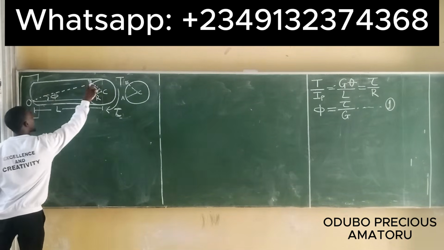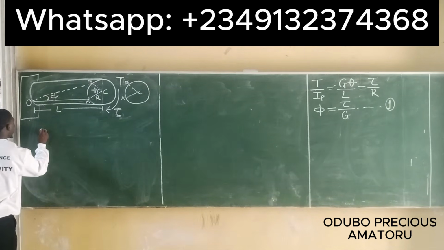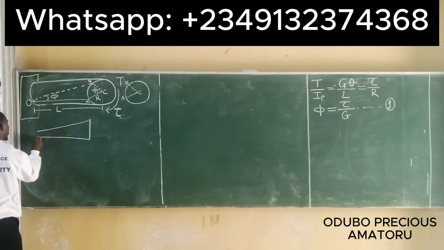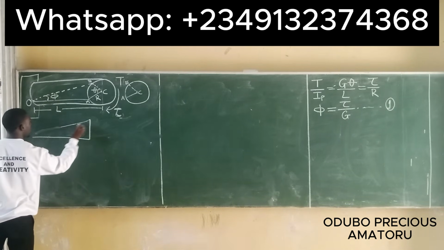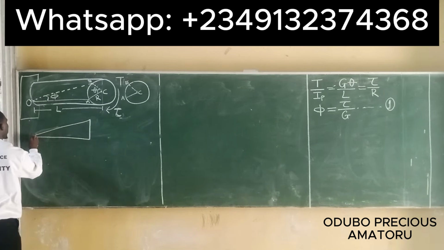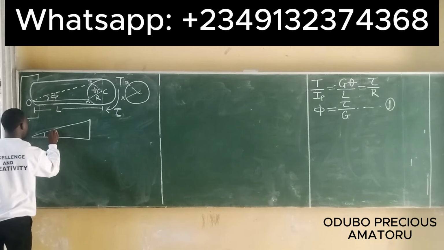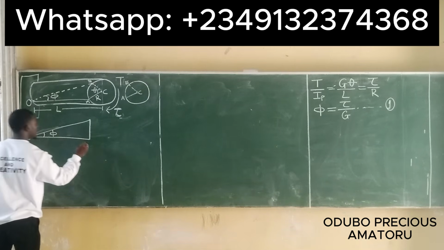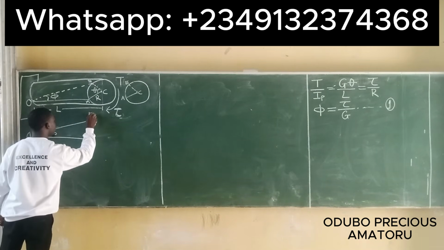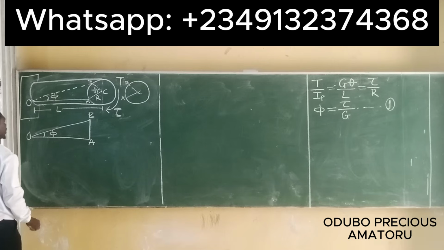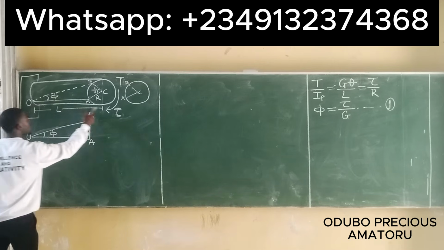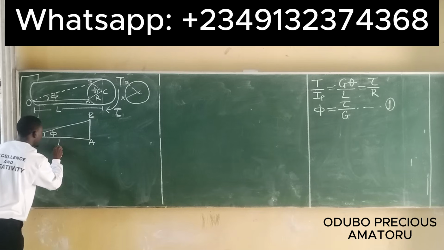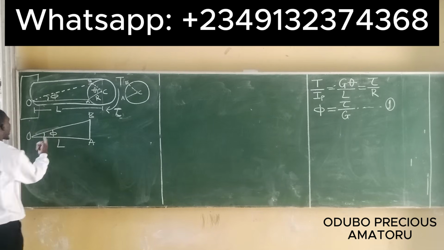So looking at this triangle, what do we have? We have something in this nature, where this is the shear strain, and this is O, this is A, this is B. Now notice that from here to here is the length of the shaft. So what are we looking for here?